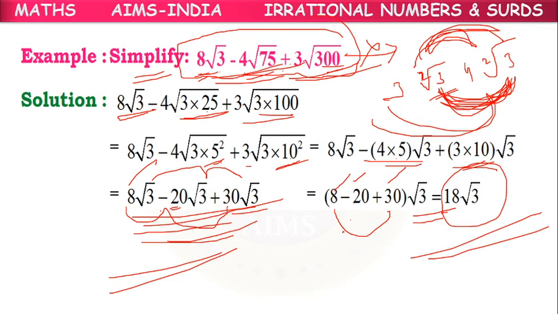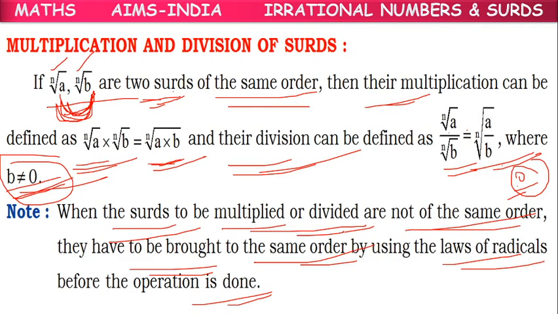If they are not similar, we have to make them similar, or simplify them such that under the root they have the same rational number. Multiplication is possible when they have the same order. Division is also possible when they have the same order. When they don't have the same order, we have to bring them to the same order. Then by using the laws of radicals, we can do the operation.